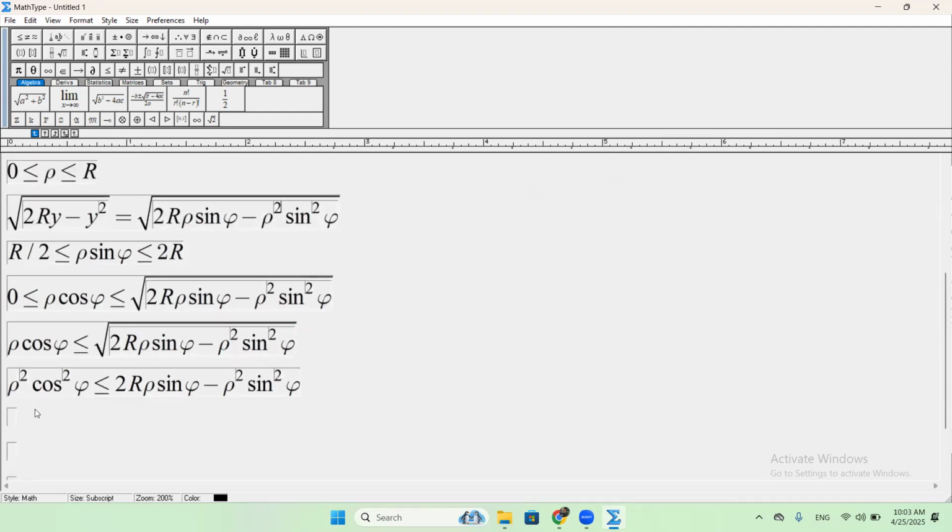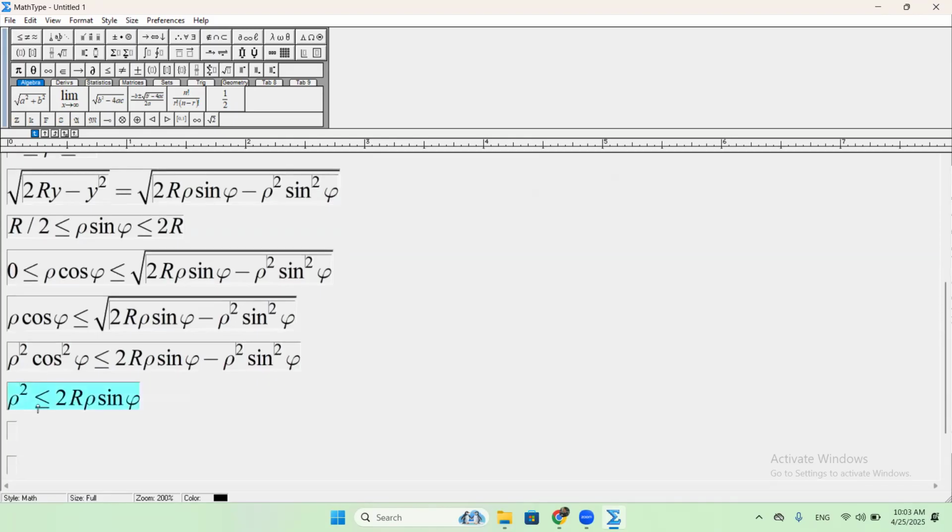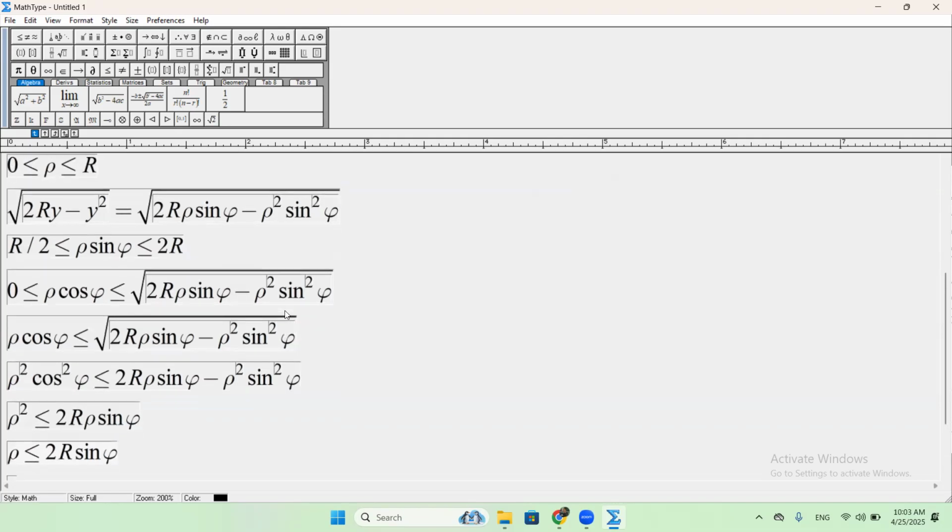So we will receive the following: rho square is greater or equal than 2r rho sine of phi. And now we can also cancel rho, one power of rho. So we received that rho is less or equal than 2r sine of phi.